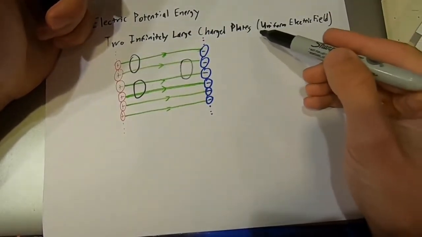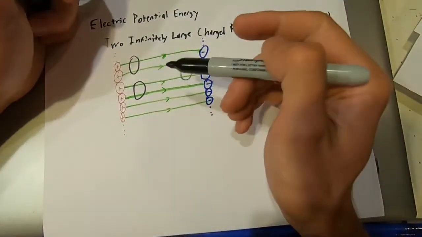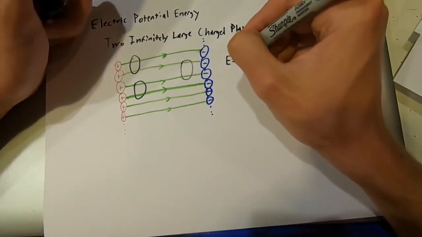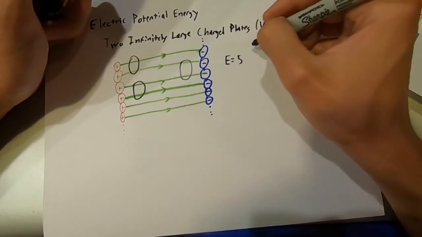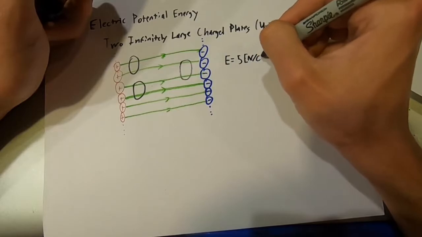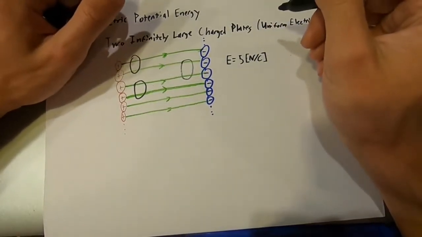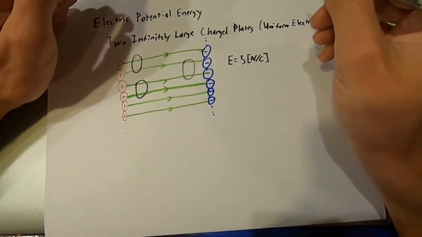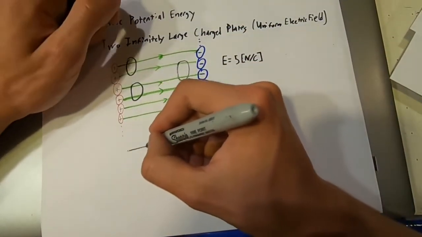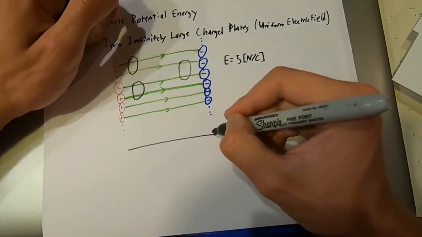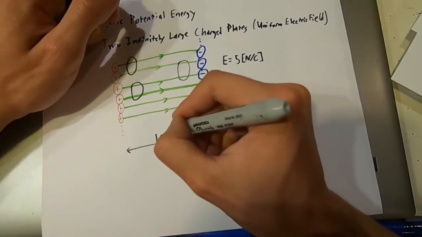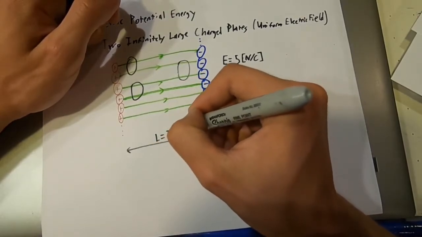So like I said before, we have a uniform electric field, and that electric field is going to be equal in this case to 5 newtons per coulomb. That's going to be like our imaginary number that we're going with. And this distance here between the plates is going to have a length of 3 meters.